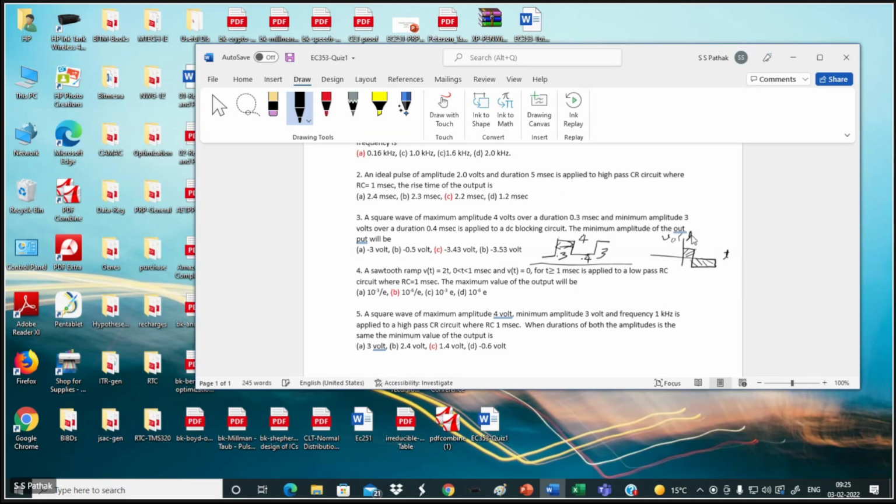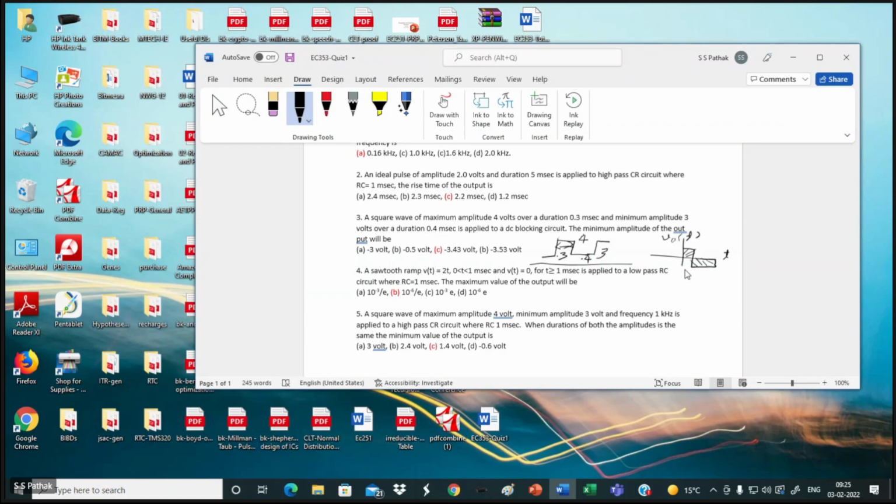How does it come? I will explain that. Simply check this area in the output and this area in the output; the two are mutually related.